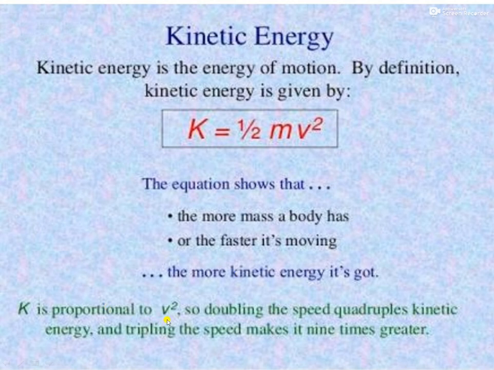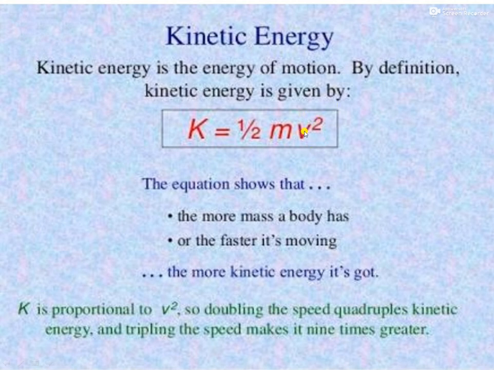So K is proportional to v square. Doubling the speed gives quadruple the kinetic energy, and tripling the speed makes it 9 times greater. This is because K is directly proportional to v square.